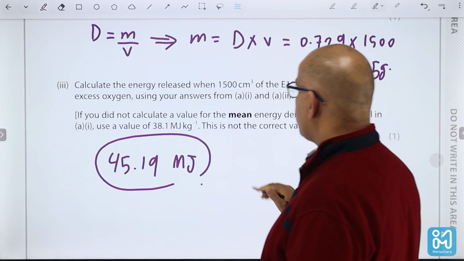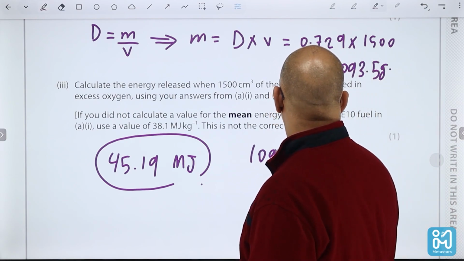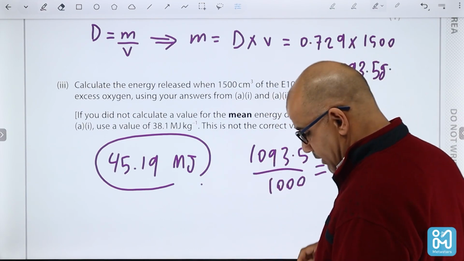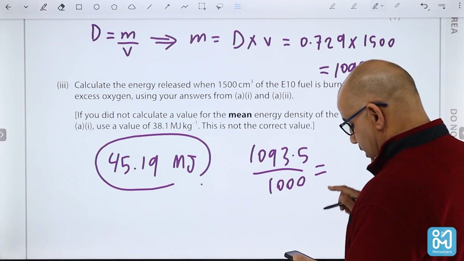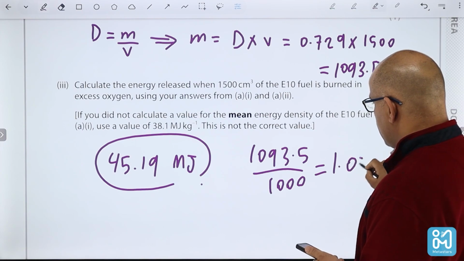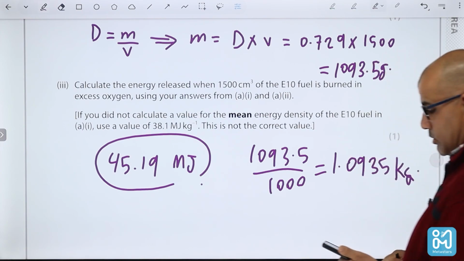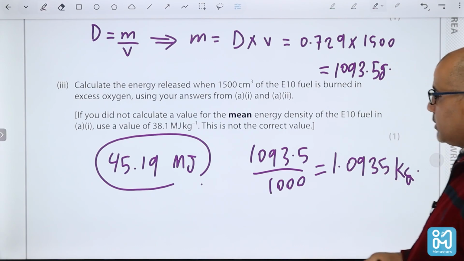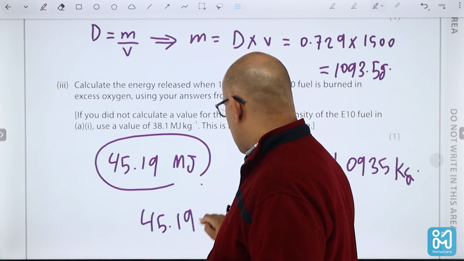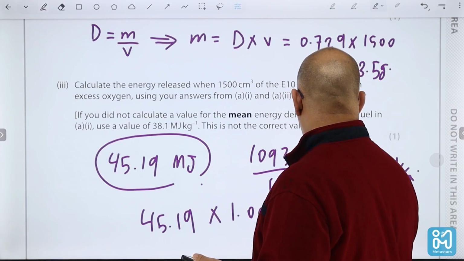Now to find the mass in kilograms, the mass that we found, 1,093.5, is over 1,000. This gives us the mass, which is 1.0935 kilograms. So to find the answer, just multiply 45.19 times 1.0935.